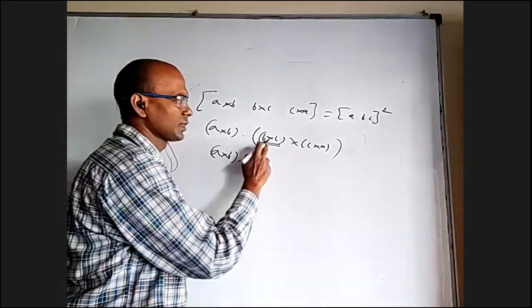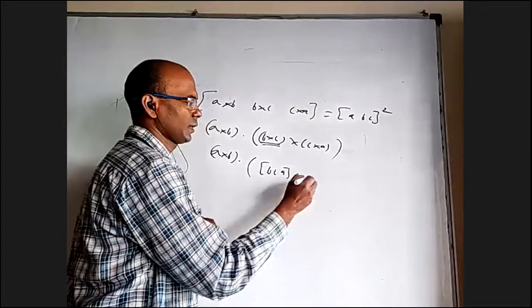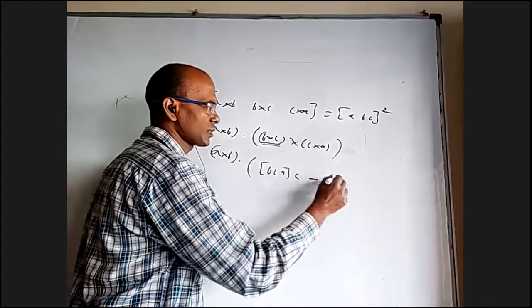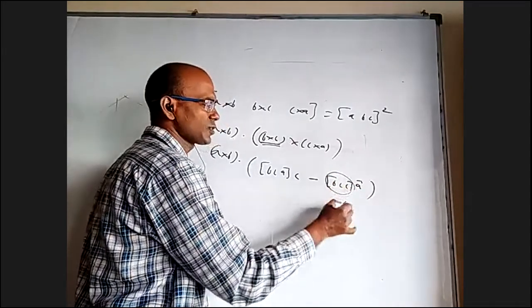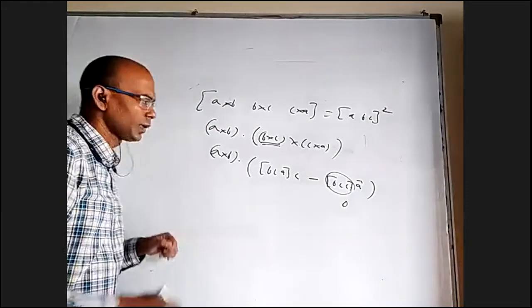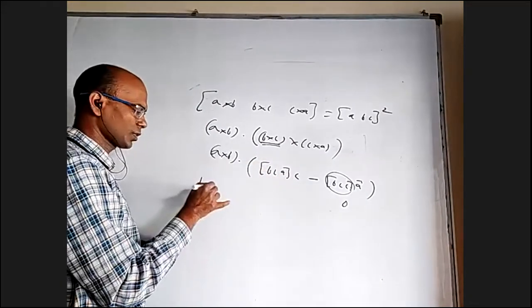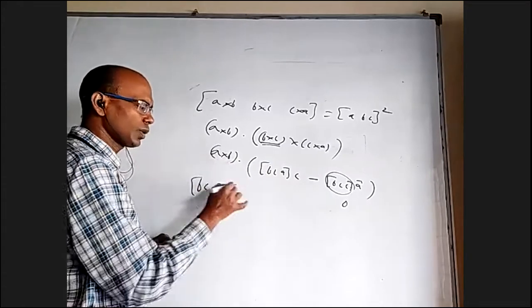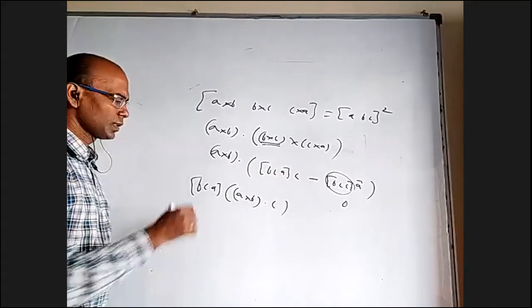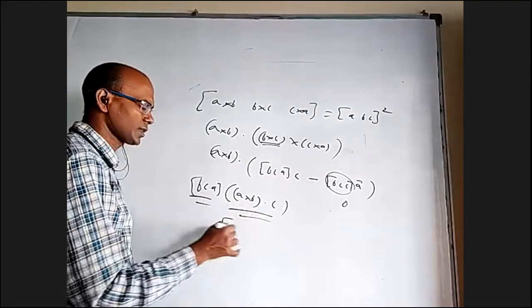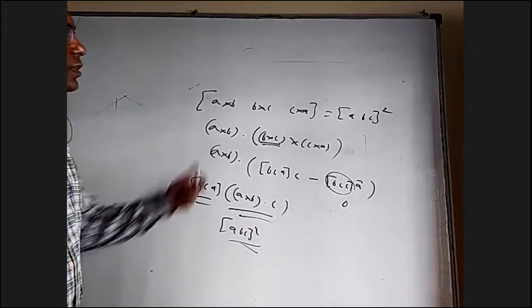This dot this, which is box BCA into C, minus this dot this, which is box BCC into A. But box BCC is 0 because two vectors are the same. You got A cross B dot a number into C. That number can be taken out, which is box BCA, and you are left with A cross B dot C. This also is box ABC, this also box ABC, which is box ABC whole square. So that's how we can prove this.